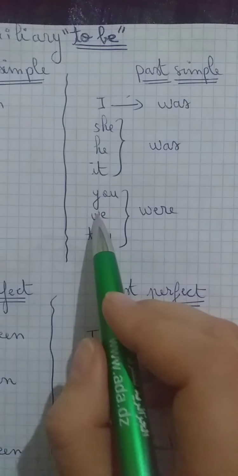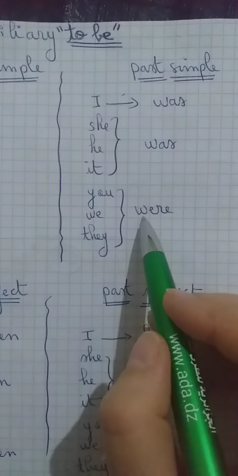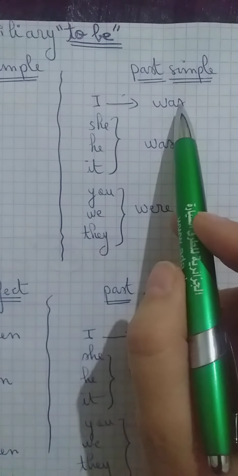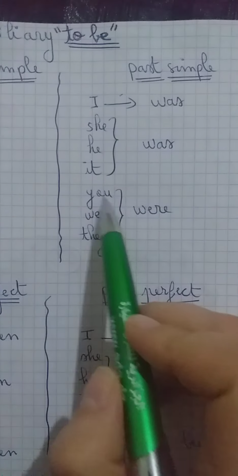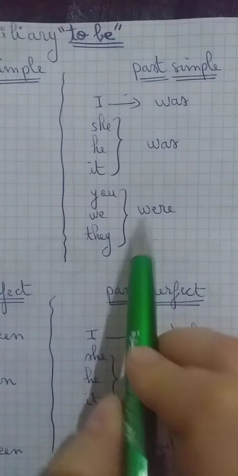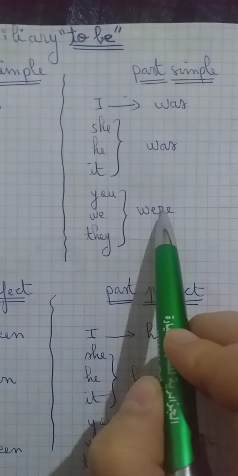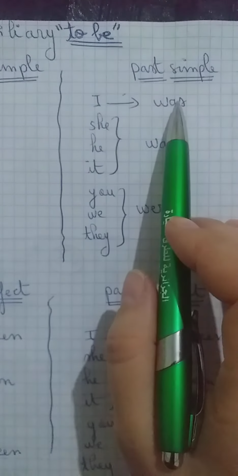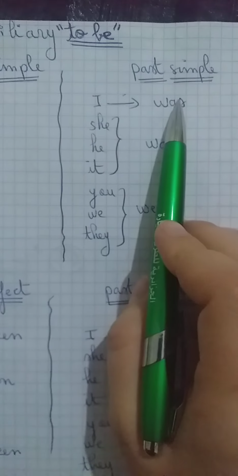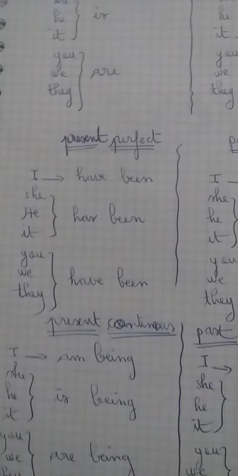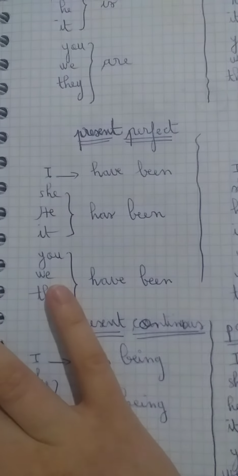You were. We were. They were. We say I was born. You were born. We were born in Algeria. I was born in America. C'est simple. Juste suivez. Vous allez les apprendre facilement.